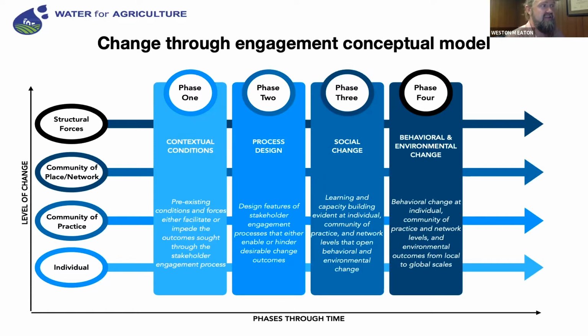So those contextual conditions therefore impact the next thing, which is the process design. Process design refers specifically to the different opportunities that are afforded by the facilitators and by the groups coming together to enable everyone to have a voice in the conversation, for people to feel empowered that they were listened to, and for opportunities to share and learn together.